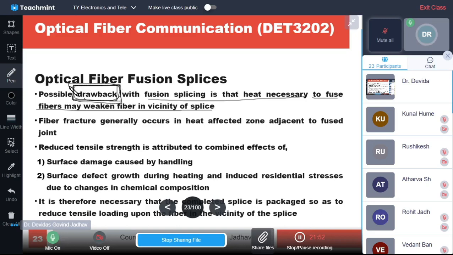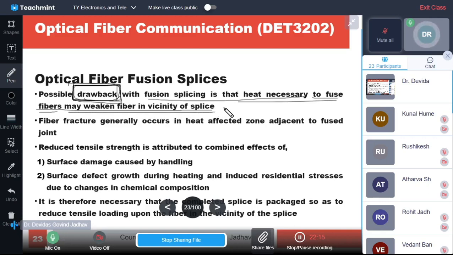The fusion splicing process we have seen is very helpful in connecting one fiber to the other fiber. But there must be some drawbacks. What are those? The heat necessary to fuse fibers weakens the fibers in the vicinity of the splice.